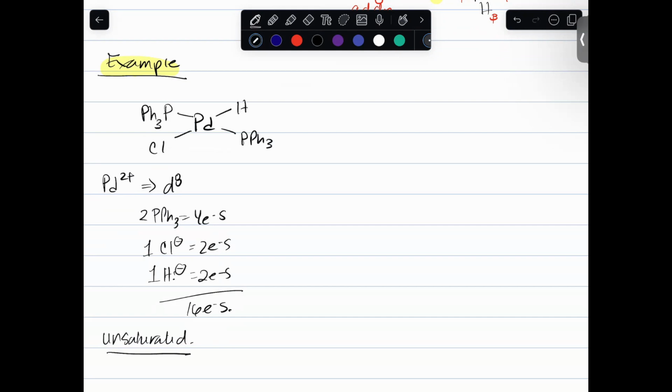So it has a vacant site for an alkene to coordinate. If it didn't have a vacant site, i.e., if it was an 18 electron system, a saturated system, this reaction wouldn't occur. Okay, but because it's only 16 electrons, my alkene can complex.